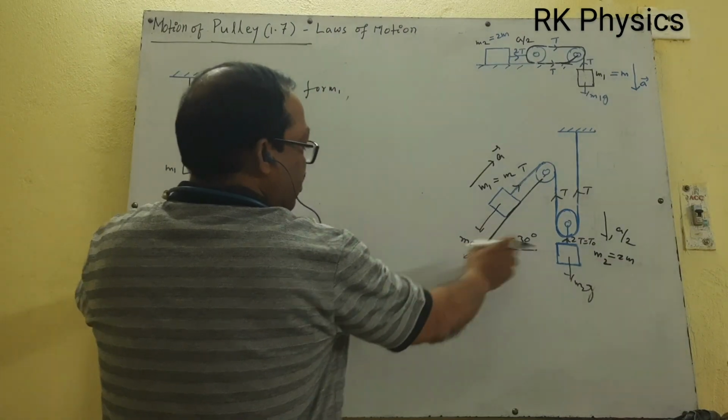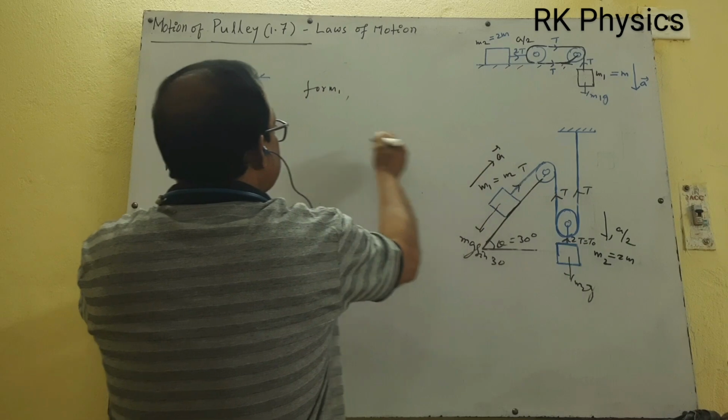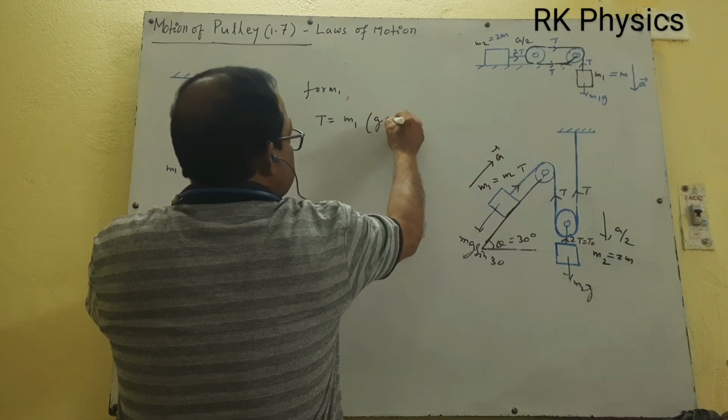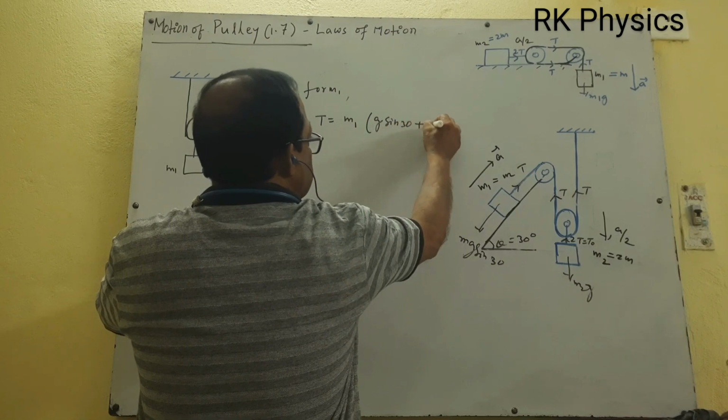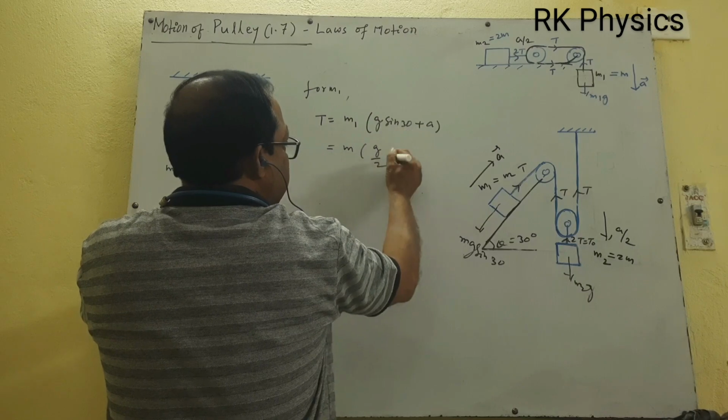For M1, that is moving up, T equal to M1 into (g sin 30 plus A), that is M into (g by 2 plus A), since sin 30 is a half.